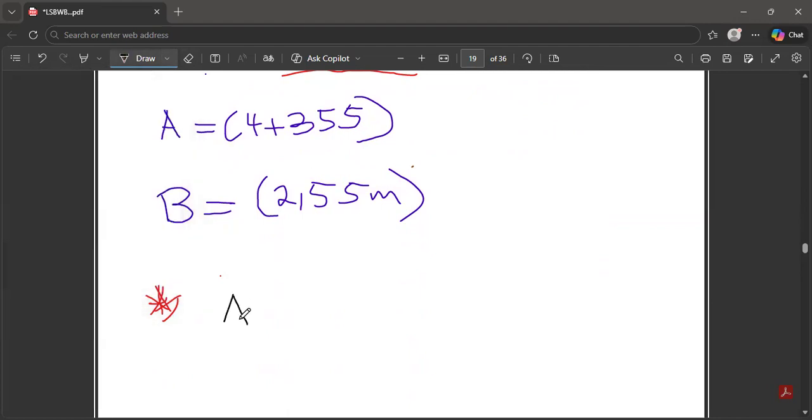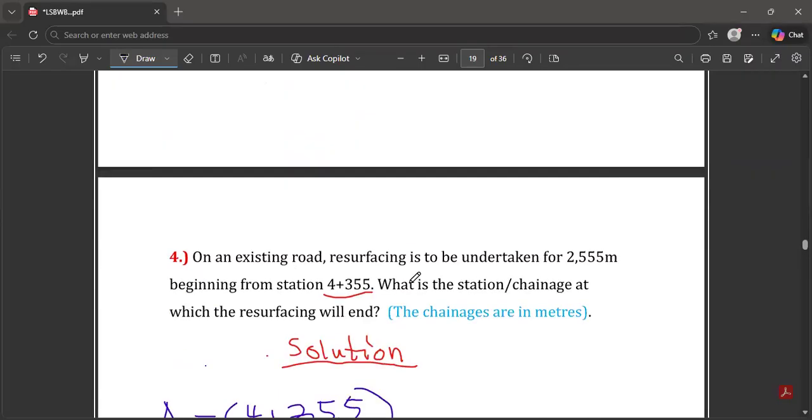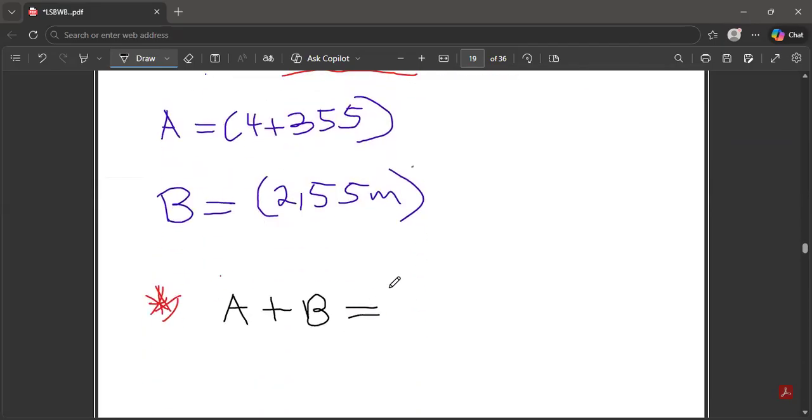A plus B is going to give us what we are looking for. So A plus B is equal to the end of station.